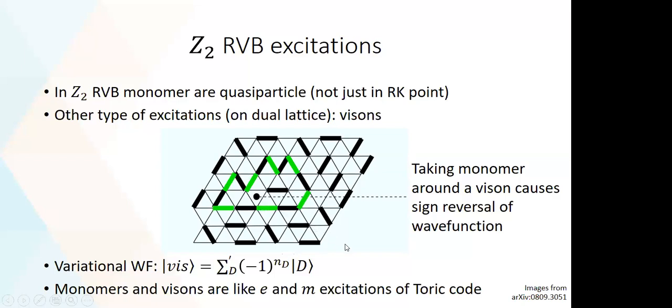Yes. How did you say you think about this vison? I didn't follow you. It's in the definition of the weights of a loop. So you have to have non-orthogonal dimers, and then if you look at the overlap between two loops, you give a weight which is not just the length of the loop we saw before, but the length of the loop times i in the exponent, i times pi times the position of essentially the flux in that loop.